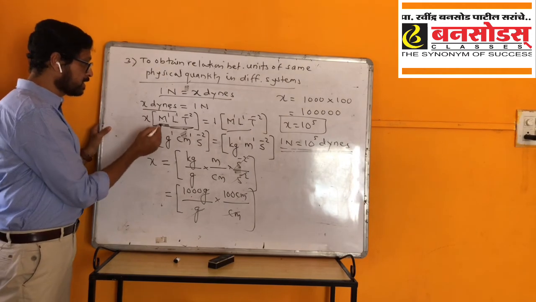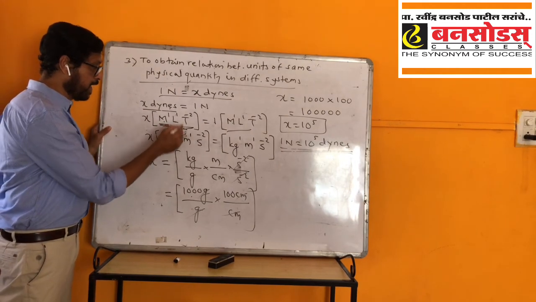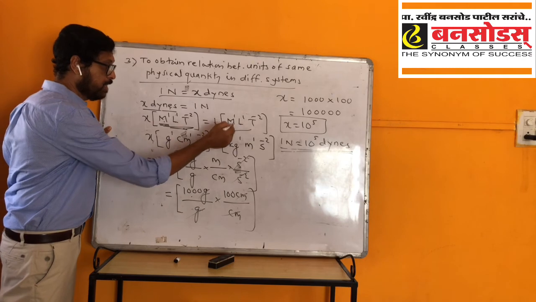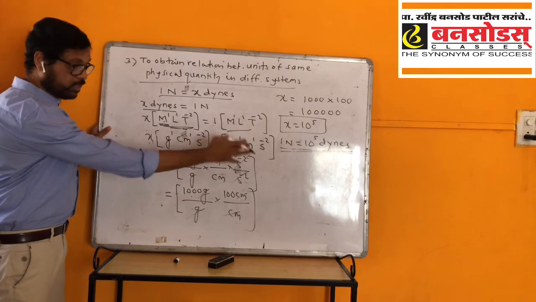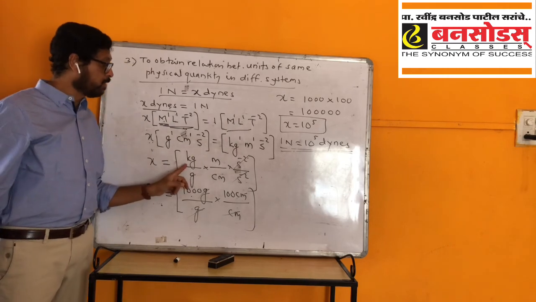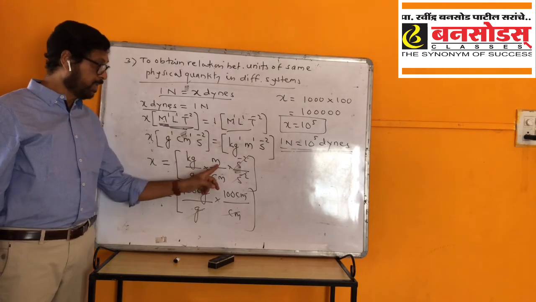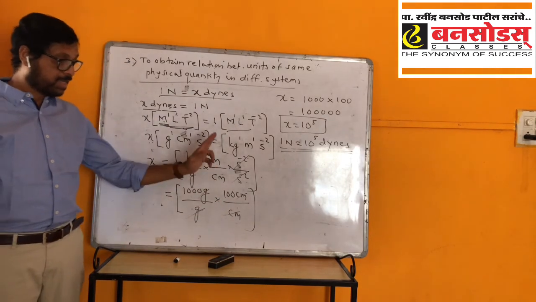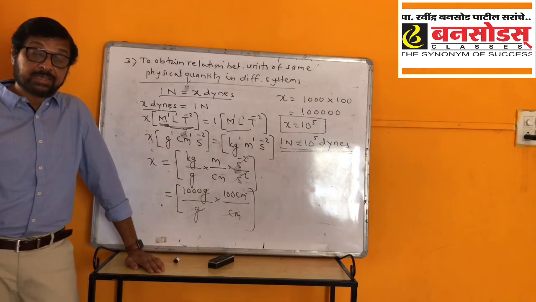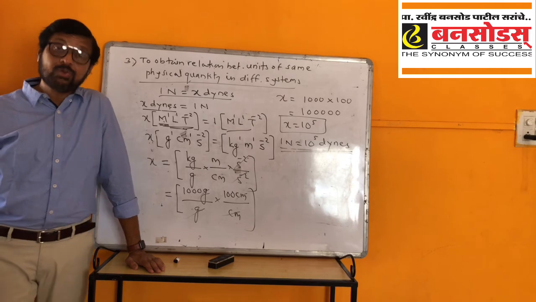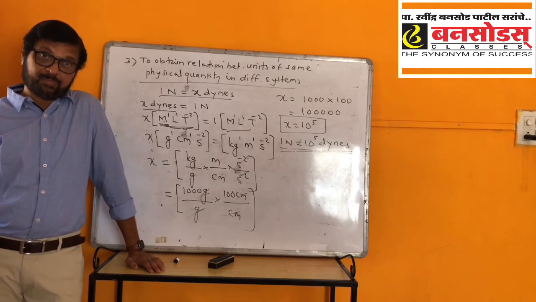Then CGS system, unit of mass, unit of length, unit of time. SI, unit of mass, unit of length, unit of time. x is equal to, shift the terms. In place of kg, 1000 gram. In place of meter, 100 centimeter. Cancel it. You get x is equal to 10 raised to 5. Means 1 Newton is equal to 10 raised to 5 dynes.